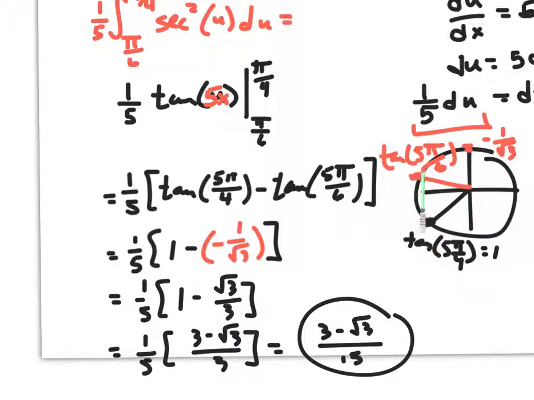The tangent of 5 pi over 4 is 1, and tangent of 5 pi over 6 is negative 1 over root 3. Alright, so then I do a little bit of work here algebraically, and I get this value for that integral, and it's the area under the curve on that interval.